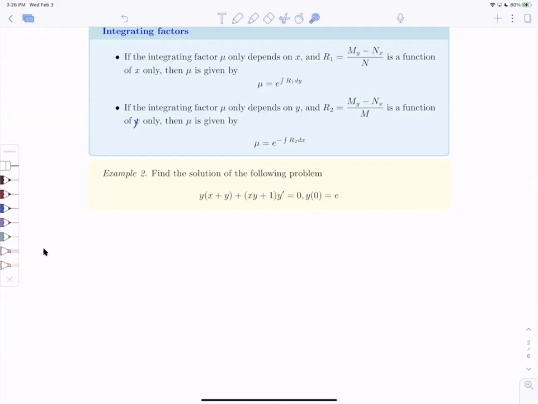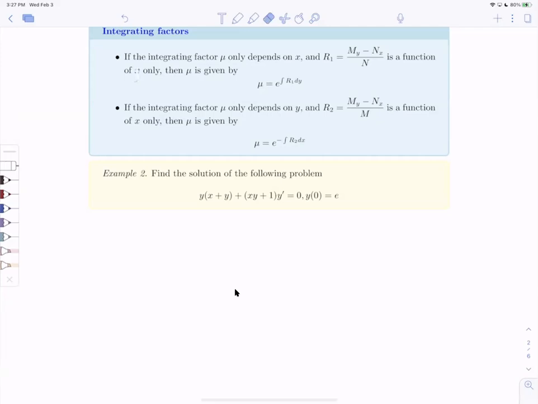Hold on, let me think if here should be x or y. M is y. I think here should be y, here should be x. Or am I wrong?